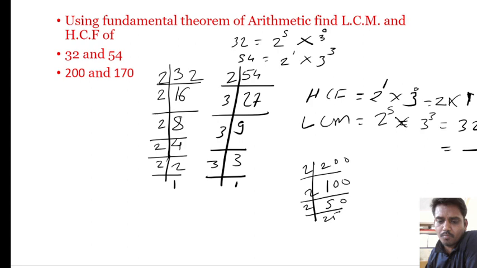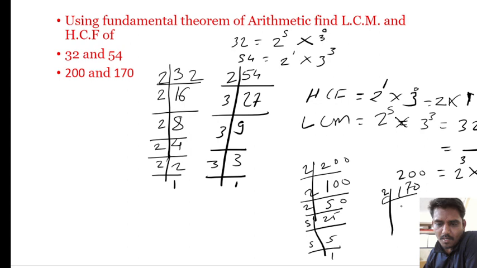And then prime factors of 170: again it is an even number, divided by 2. So it is 85 and 5, 17, 17 itself is a prime number, 1. Factorization of 170 is 2 into 5 into 17.